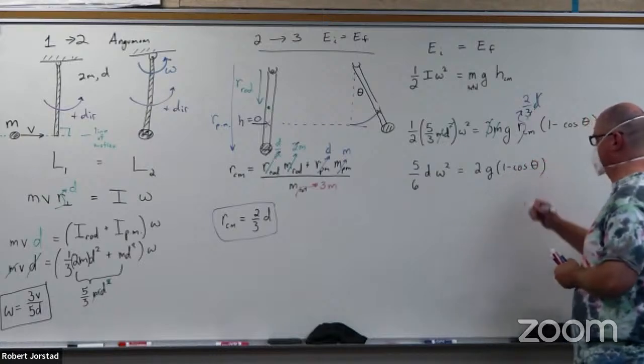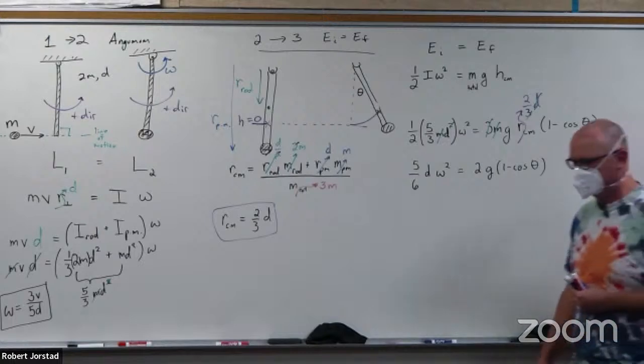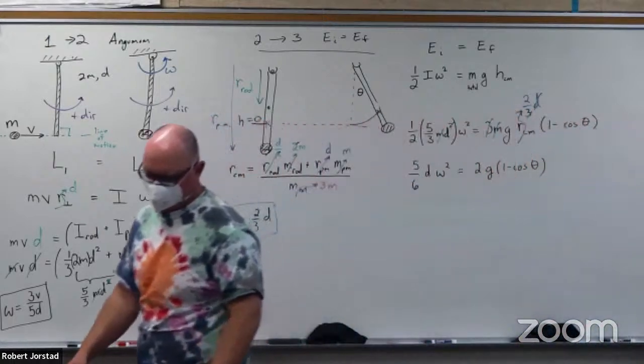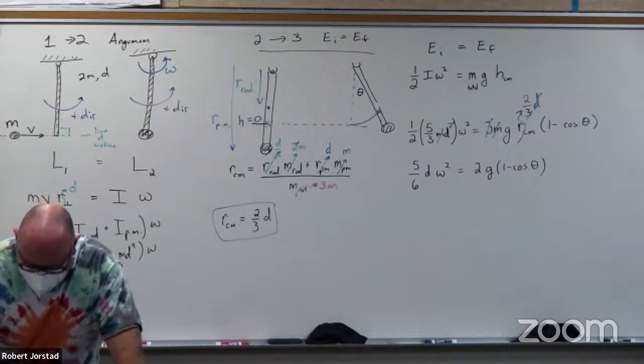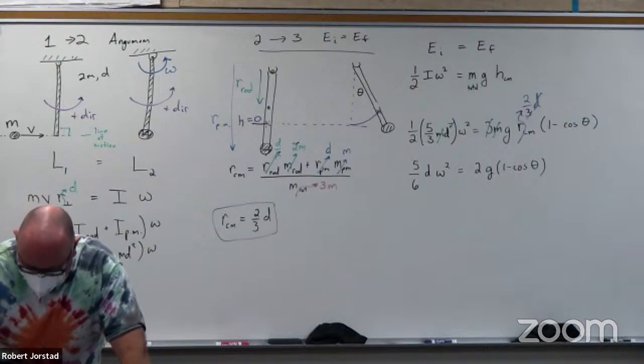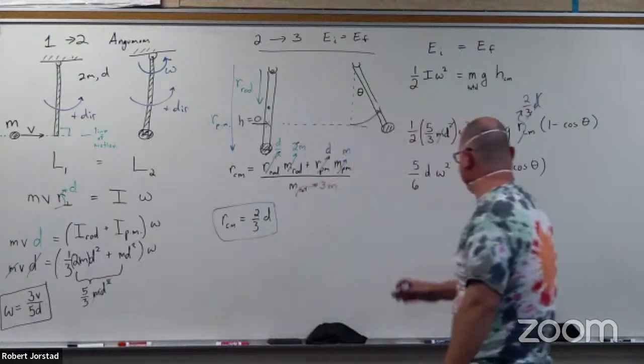This is a good time to reread the problem and figure out what we're trying to solve for. Somewhere in there it says the goal is to get theta in terms of d, v, and g. I don't see any v's in here.